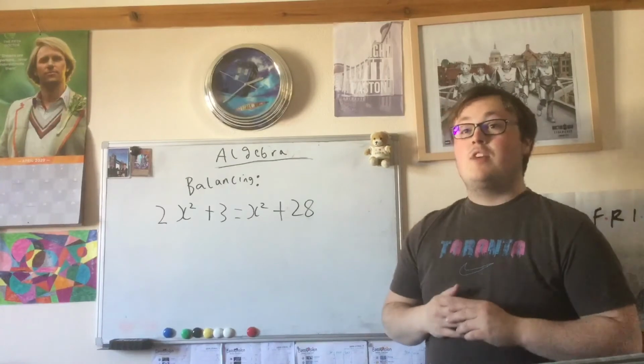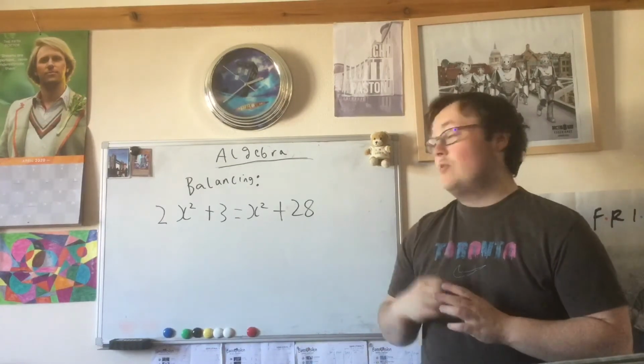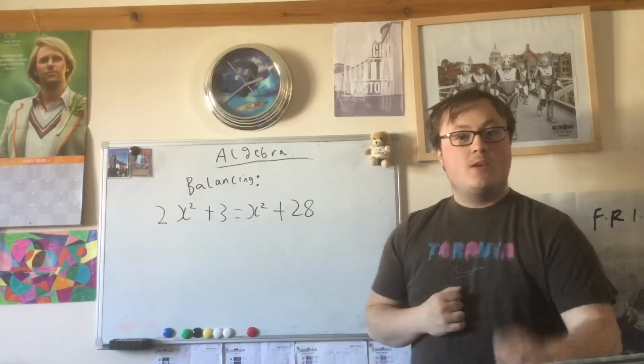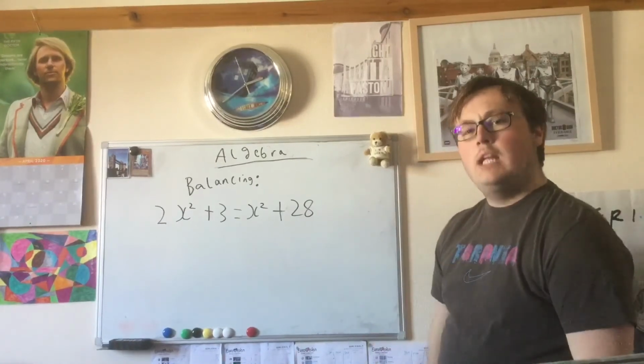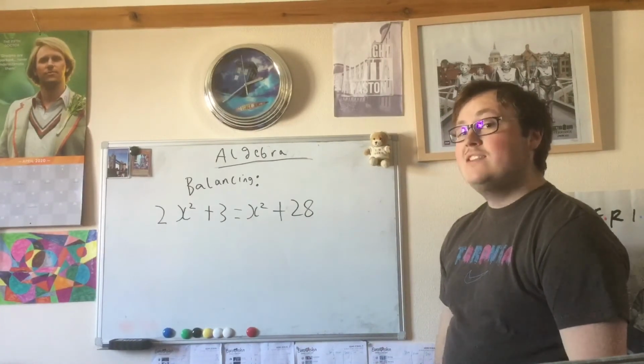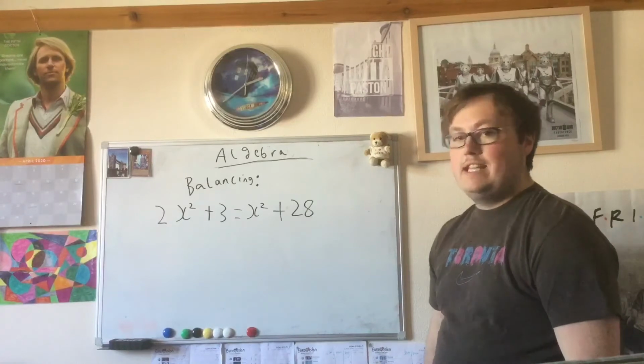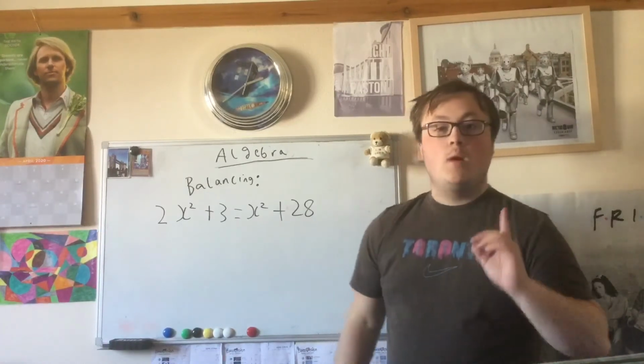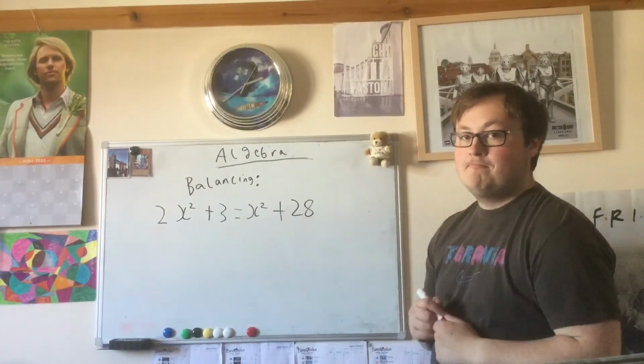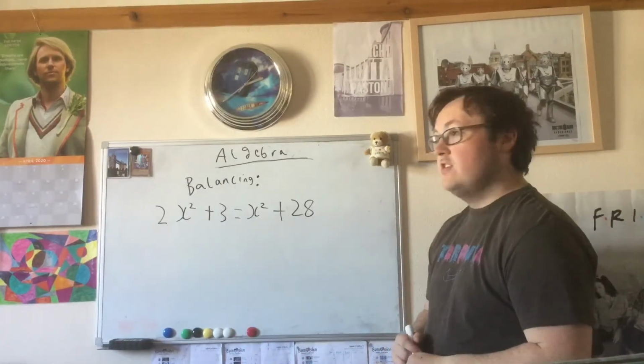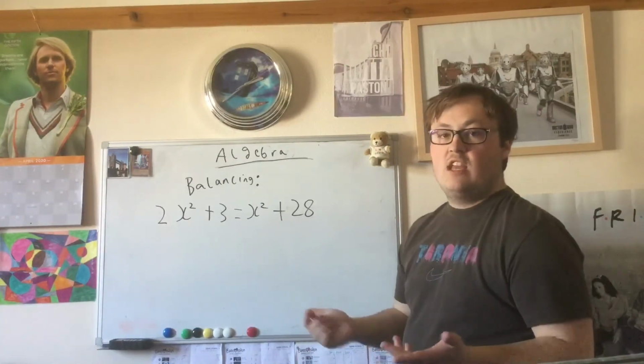Now this is a really good one because we've not done x squareds before. So let's focus on this. We have 2x squared plus 3 is the same as x squared plus 28. Now I want to balance this out. So what I'm going to do is first move my x's to the other side.